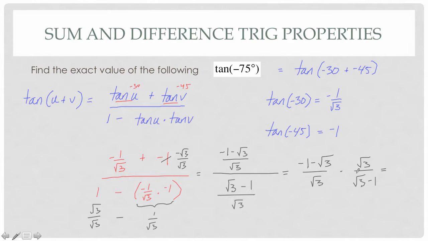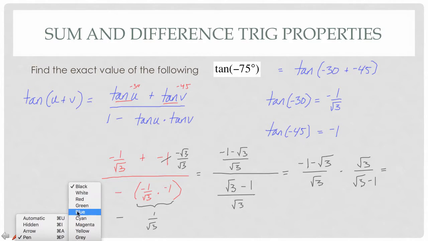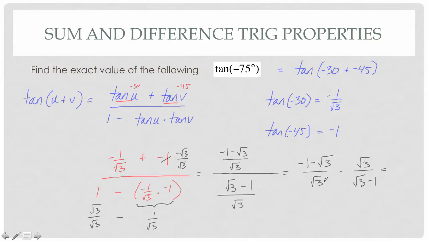Kind of making our way through the algebra, right? Switch colors to make it a little bit cleaner. Here's what's nice. The square root of 3's divide out. And so now we've got negative 1 minus the square root of 3 divided by square root of 3 minus 1.